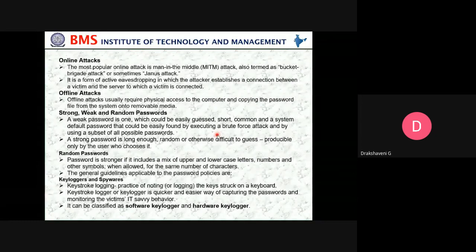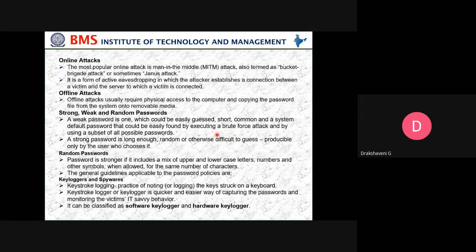So nowadays when we are giving a password, it is mixed with letters, numbers, as well as special characters. When we mix all these, it becomes very difficult for anyone to guess. So that's the reason we call it a strong password.